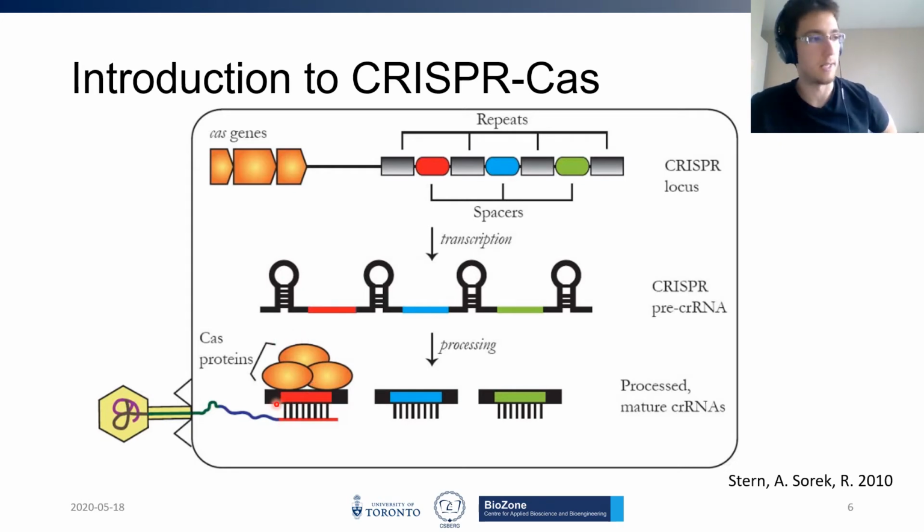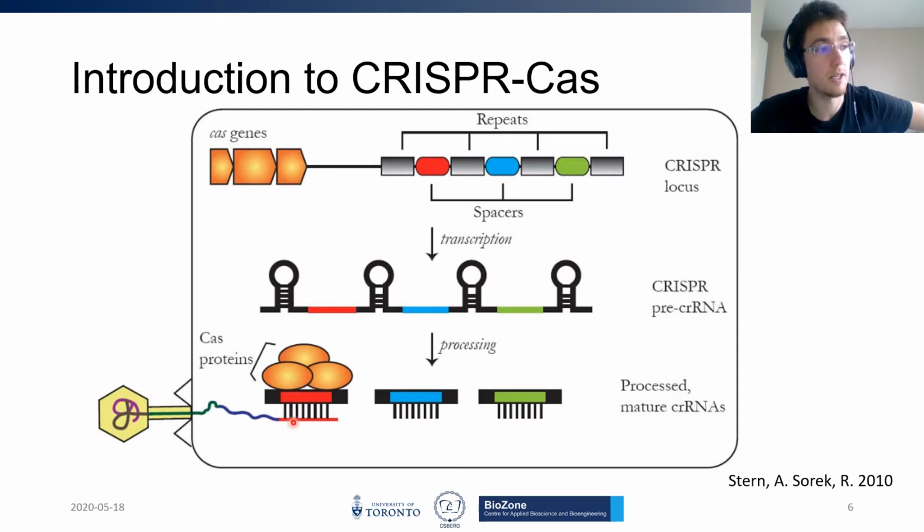And again, you can see you've got a little repeat on the left, a little bit of the repeat on the right, the spacer in the center, and these Cas proteins are interacting with the CRISPR RNA. Once this interaction occurs, the CRISPR RNA spacer can then go and anneal to the DNA area that it matches on the phage, right?